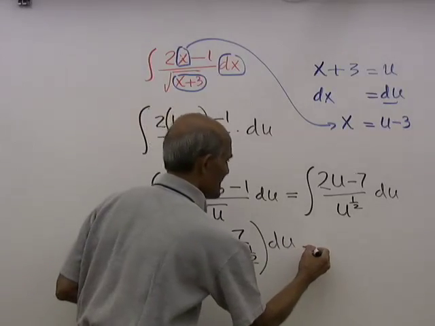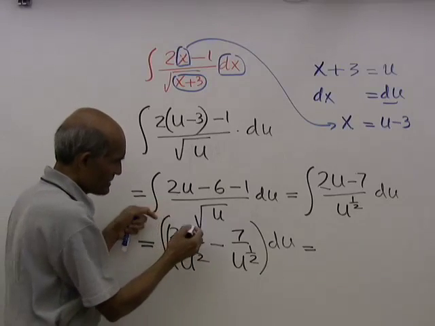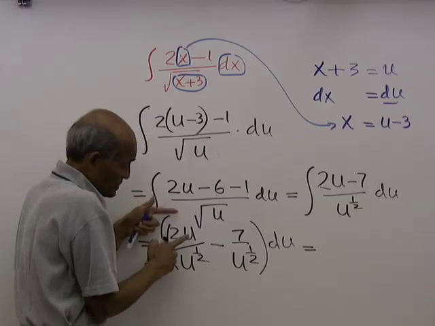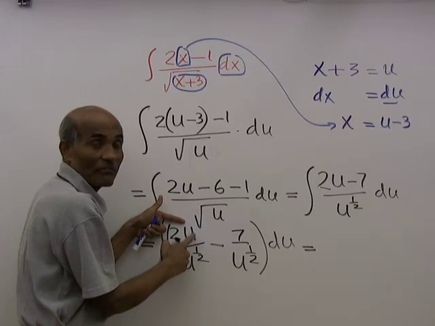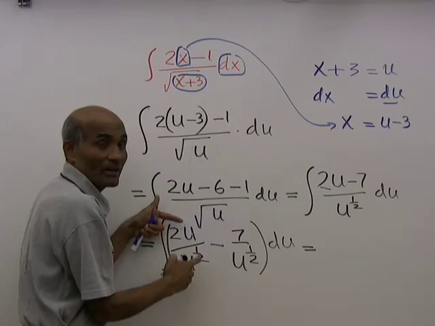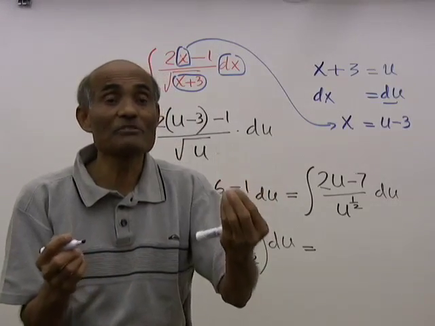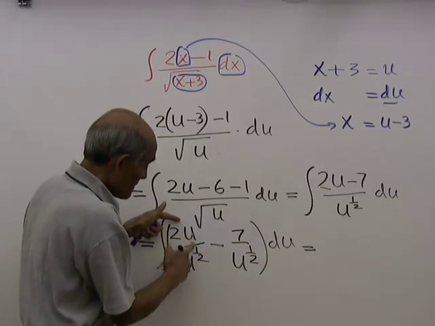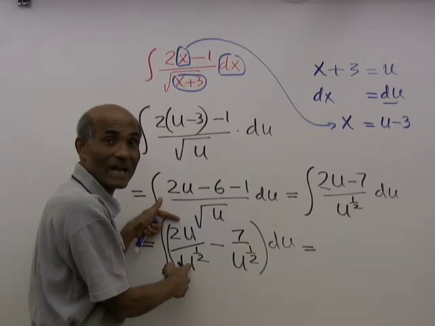Well, help me write the next step. I want you to look at this. Now here, 2 is a constant. What is u divided by u to the power of 1/2? Well, u can be written as u to the power of 1/2 times u to the power of 1/2, isn't it? So u divided by u to the power of 1/2 is u to the power of 1/2.